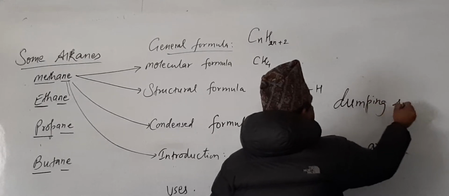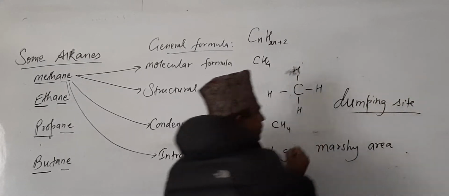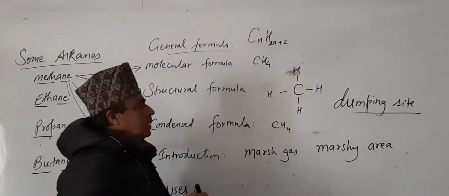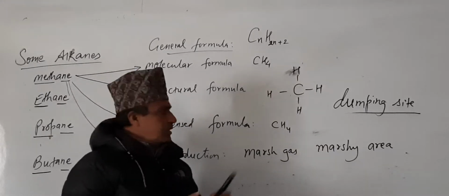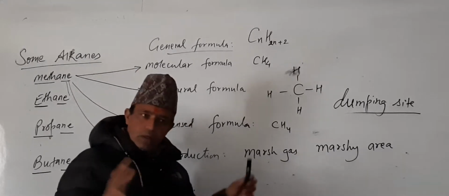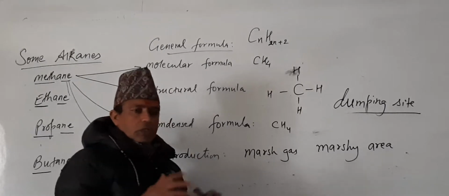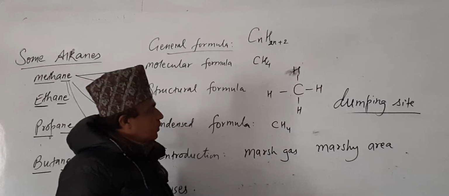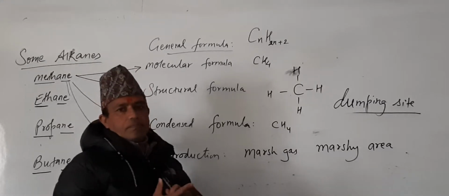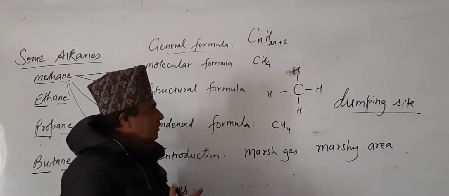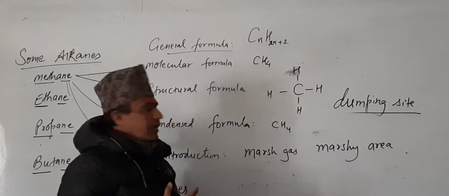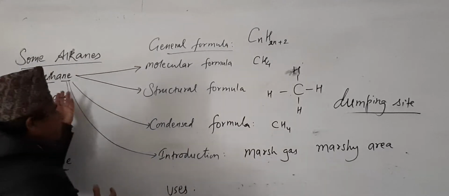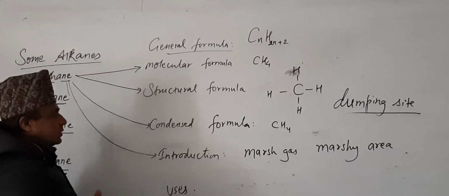A dumping site is an area or region where organic matter, meaning waste materials, is dumped, and when the quantity of organic matter is more, bacteria attack it and decomposition of the material takes place. Which gas is produced? Methane is produced.